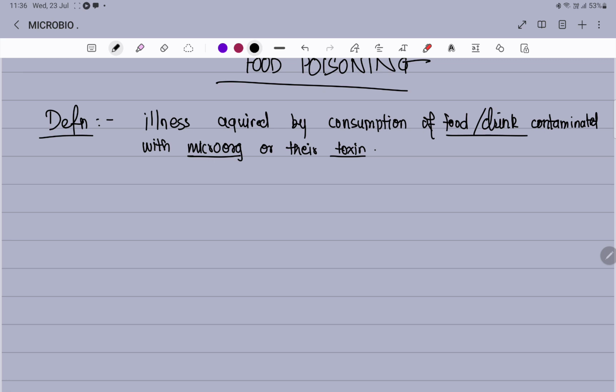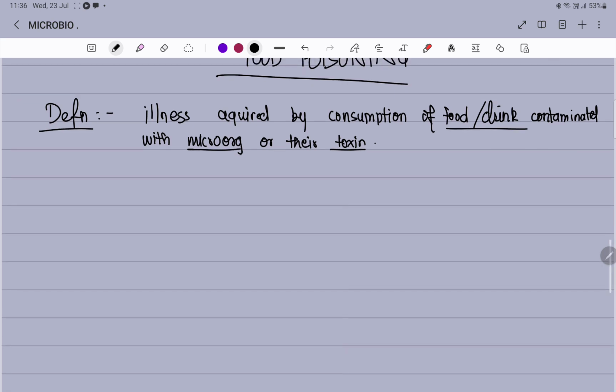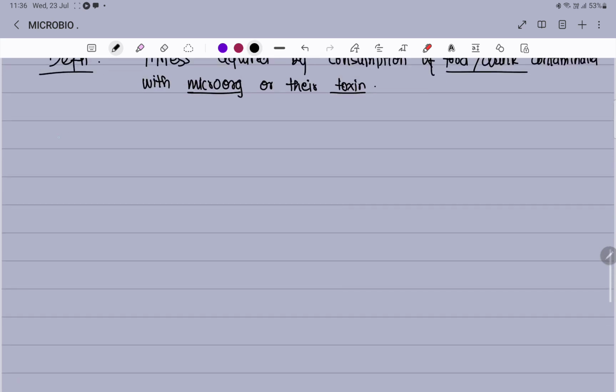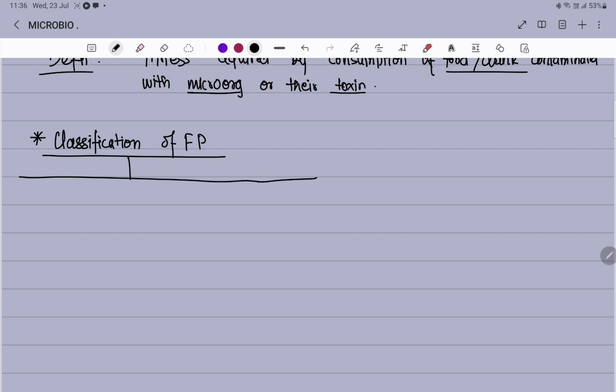But when we study food poisoning, we classify it very broadly. So how do we classify? Classification of food poisoning. We'll classify it broadly according to its onset.